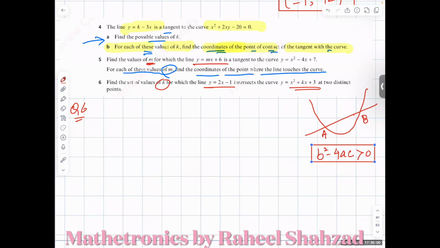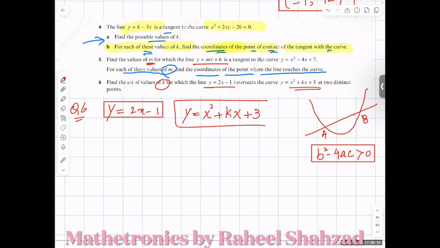So we're going to do it. y equals 2x minus 1, and y equals x square plus kx plus 3. We're going to simply substitute this y here, and then we would be putting discriminant greater than 0.